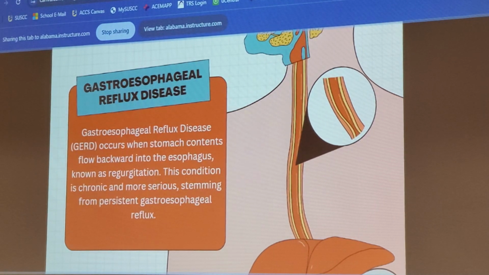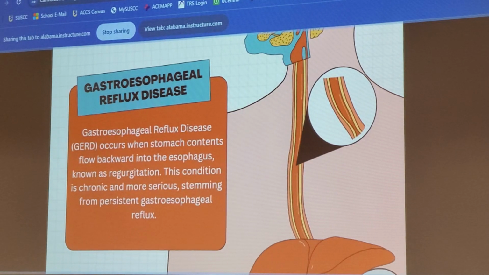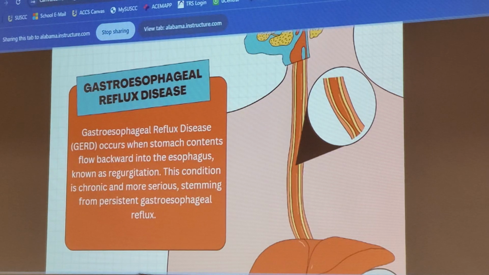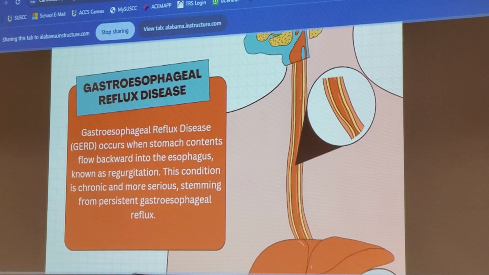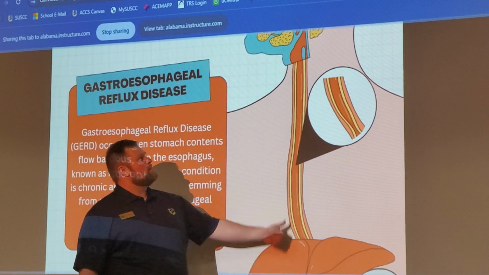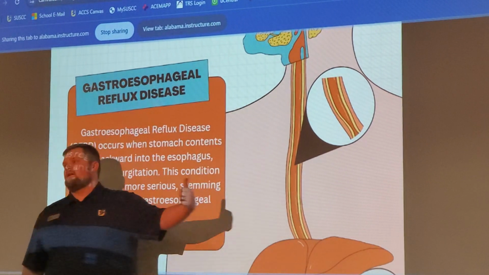Let's talk about GERD, or gastroesophageal reflux disease. So we've all heard about heartburn. This is going to be a little more advanced heartburn if you want to think about it that way. It's the continued backflow of stomach contents and acid out of the stomach back up into the esophagus.